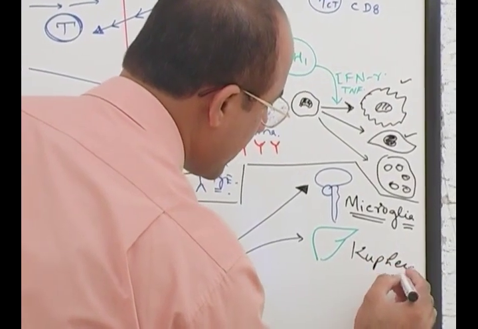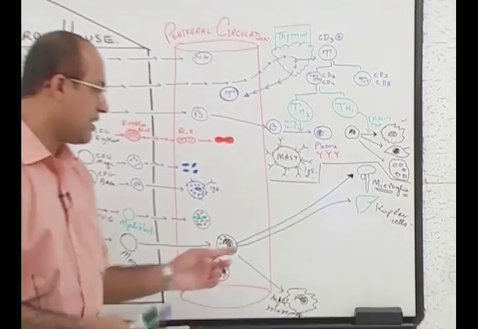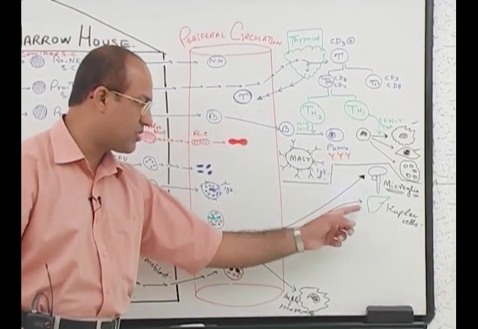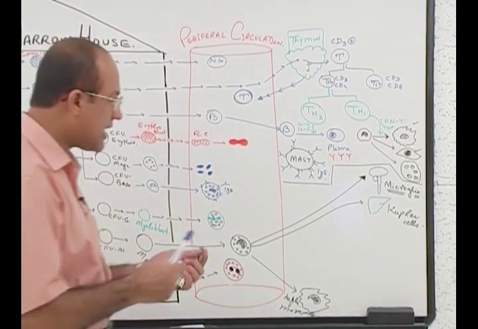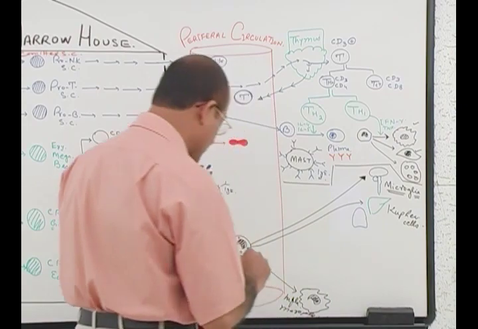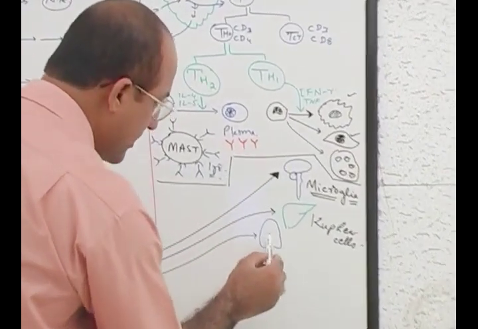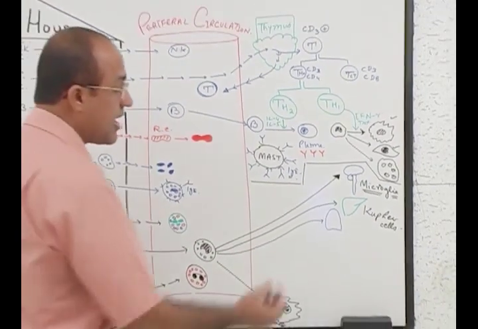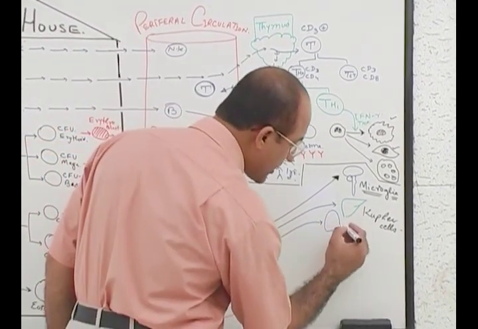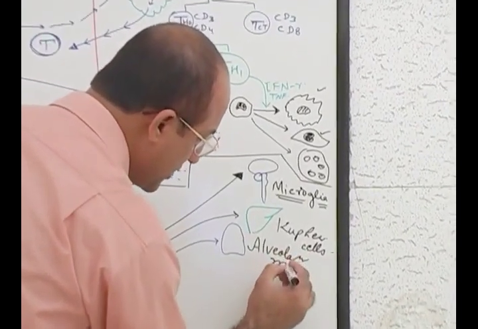Kupffer cells. So hepatic Kupffer cells are basically permanently resident macrophages which are normally in the liver. Then in the lungs also, some monocytes or macrophages are normally present in the alveoli of the pulmonary system, and they are eating up dust particles and other particulate matter, and these are called alveolar macrophages.